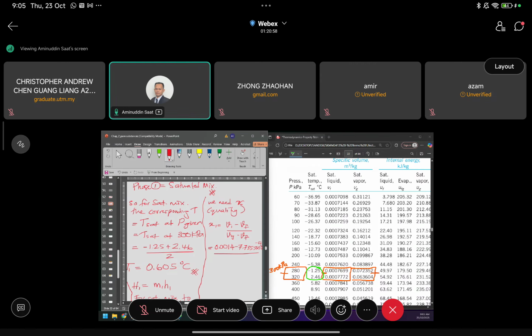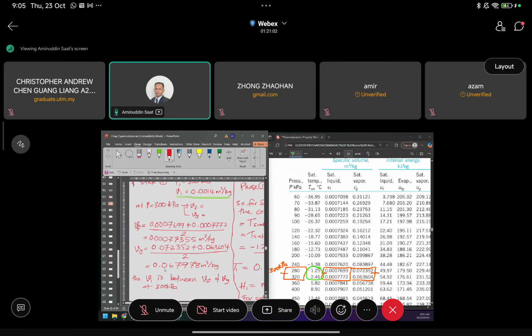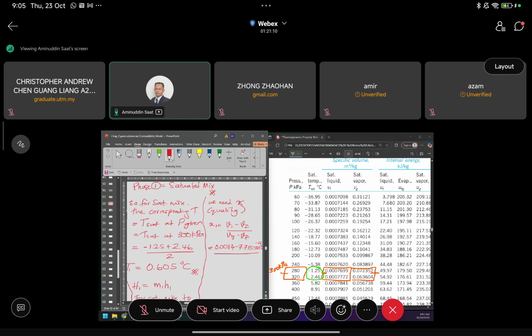VG is 6.7978 times 10 to the power of negative 2 minus 7.7355 times 10 to the power of negative 4. Okay, you need to be a bit careful with the exponent to the power of 10, so that you don't make a careless mistake when pressing the calculator.